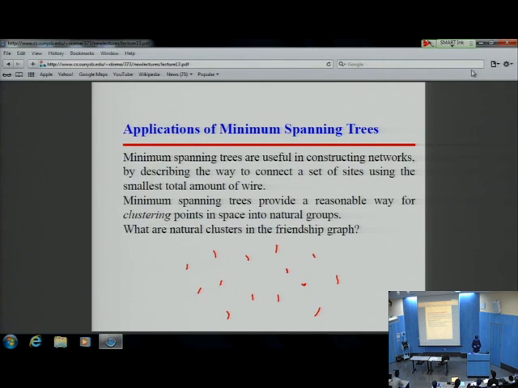If the edge costs are the cost of connecting those two houses by a wire, what is natural is a tree connecting them so that they can all share a signal. Let's say one of these points is the source signal for the television.